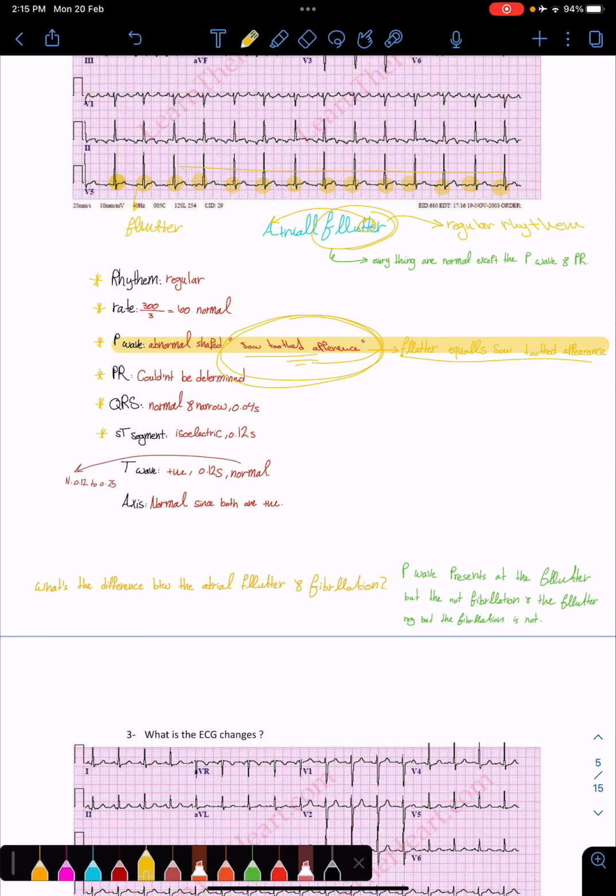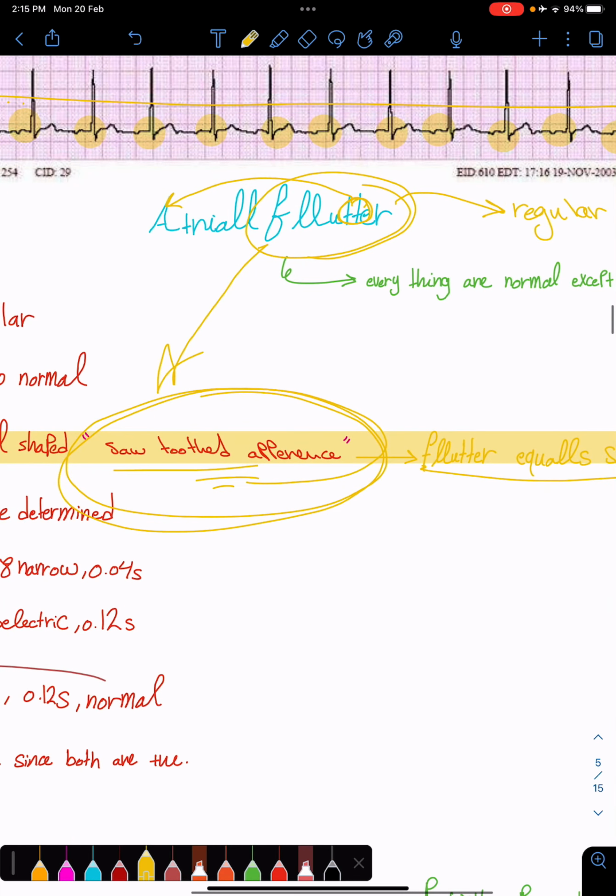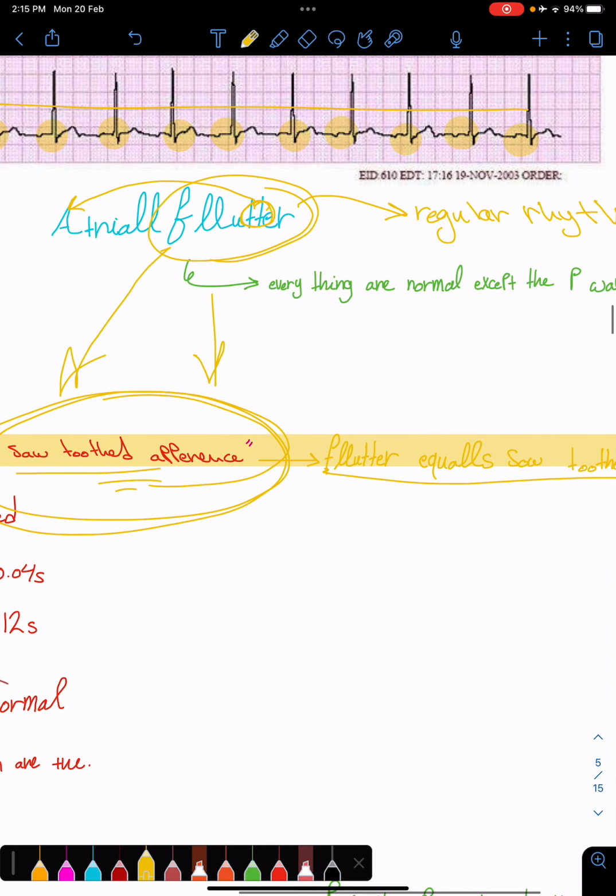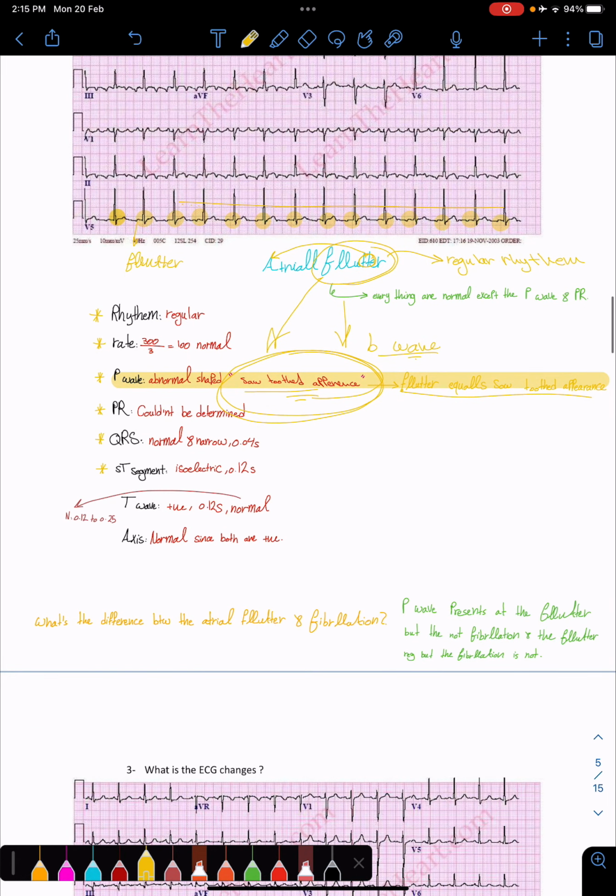Notice here that in fibrillation there was no P wave at all, but here there is a P wave and it takes the shape of the sawtooth appearance, right? That's something we have to appreciate here.